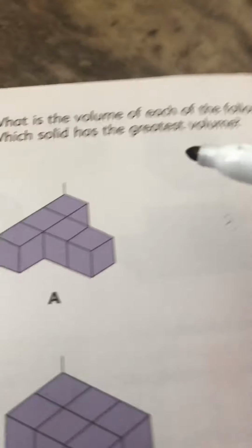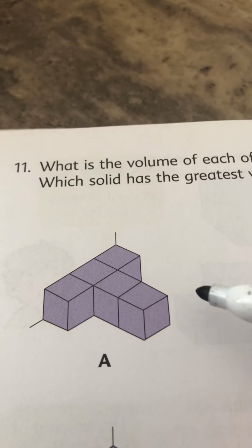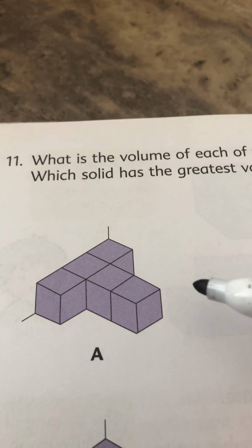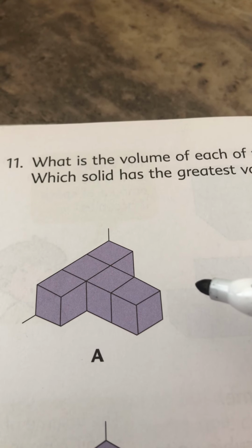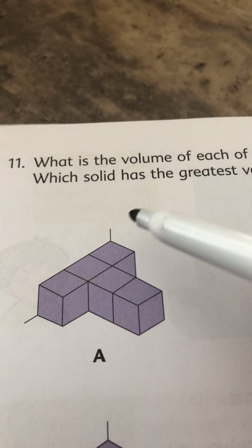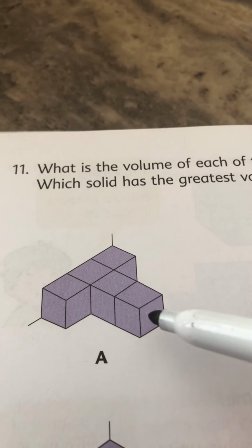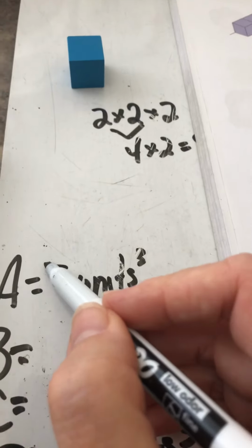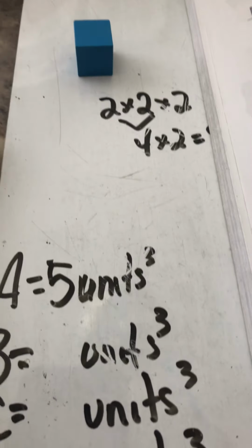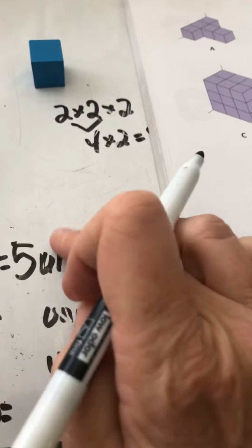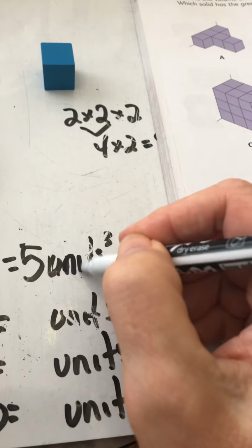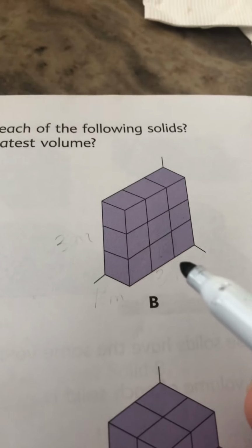So let's look at A first. What would my volume be for figure A? 1, 2, 3, 4, 5. So figure A is 5 units cubed. That doesn't look like units. I kind of ran that together. There we go.